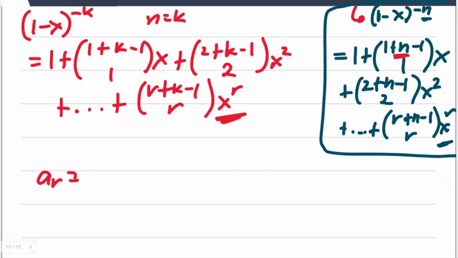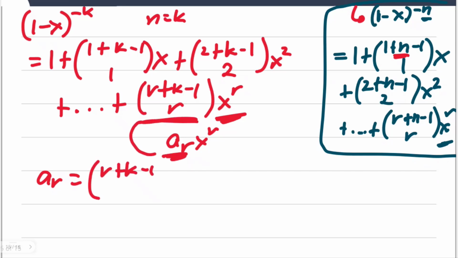So we will have the formula. But what is that formula? Because we are looking for a sub r x to the power of r, a sub r is actually this form here, which stands for r plus k minus 1, combination r.